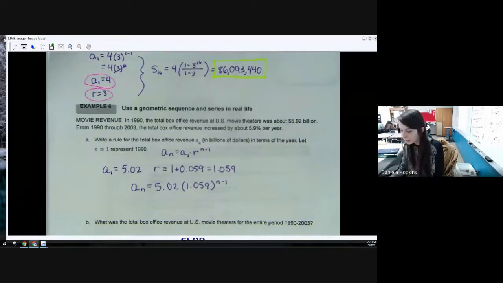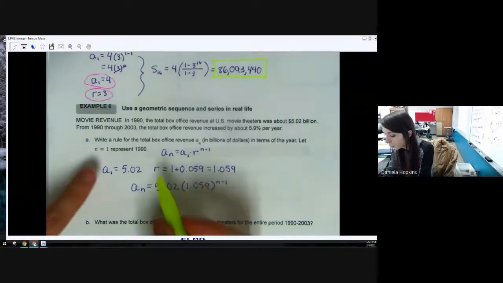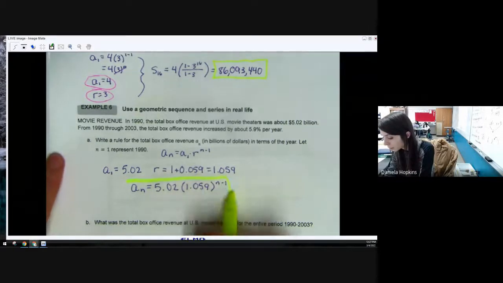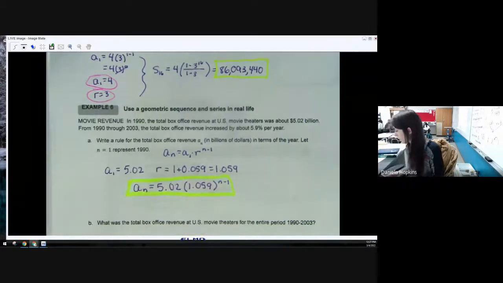Any n that I plug in there will give me how much money the theaters made in that year. If I plug in 2, it would give me how much the theaters made in 1991. If I plugged in 5, it would give me how much money they made in 1996.